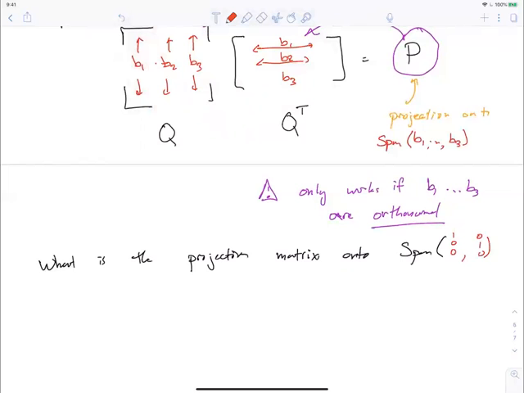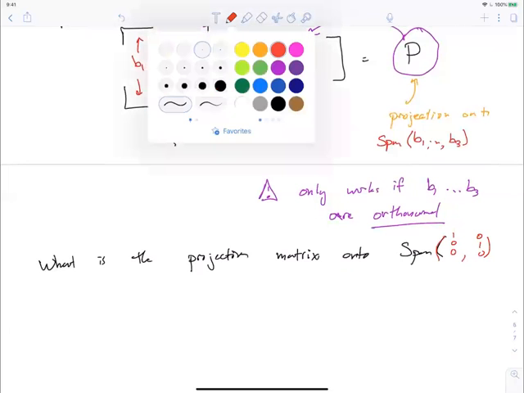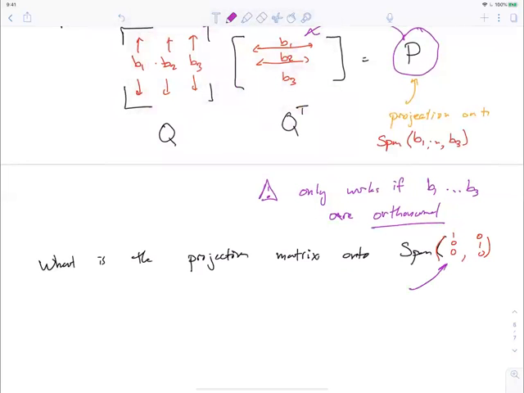Okay, so for emphasis, this span here is just the set of things you can get by adding those vectors together, but more colloquially, z is equal to 0.